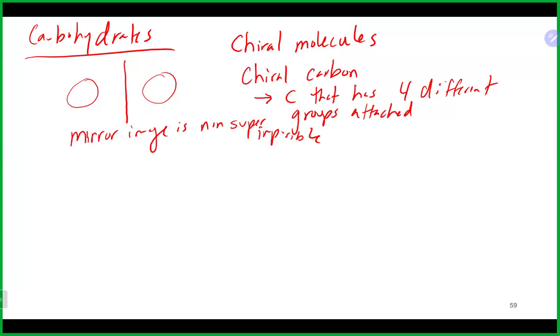And that is because it has those different groups attached. There will always be some group attached to that carbon that, even if you try to rotate it around, because of the angle, will always be off.